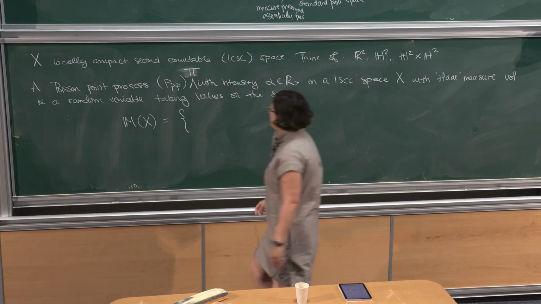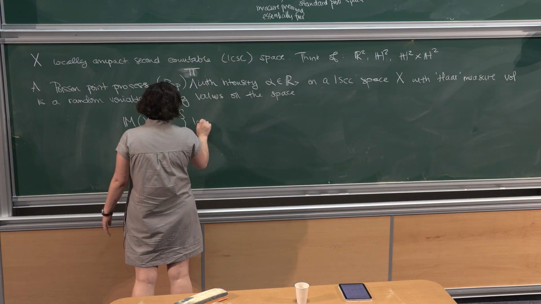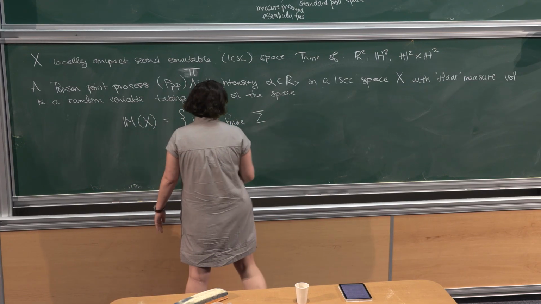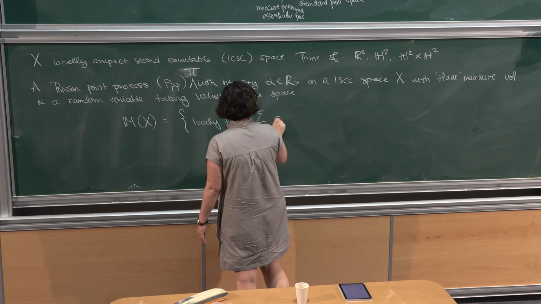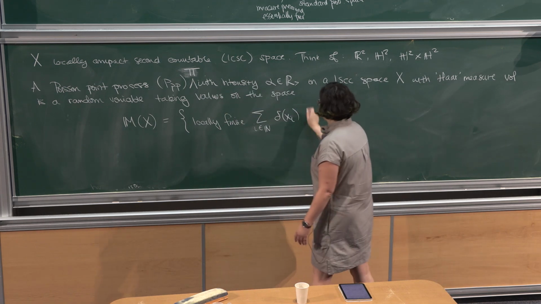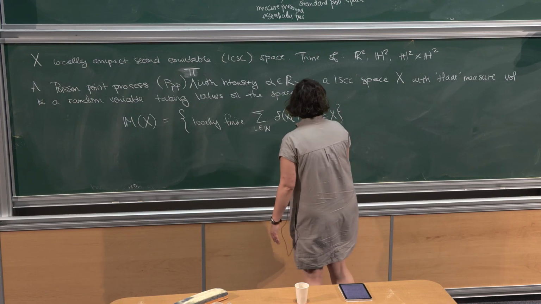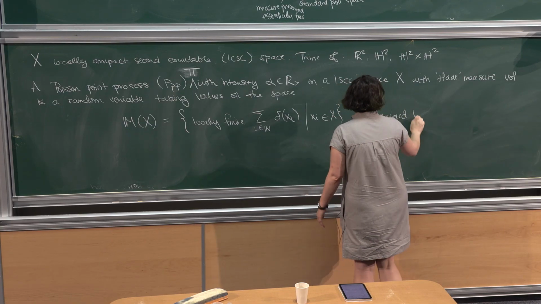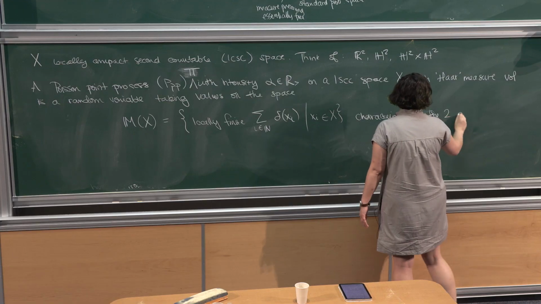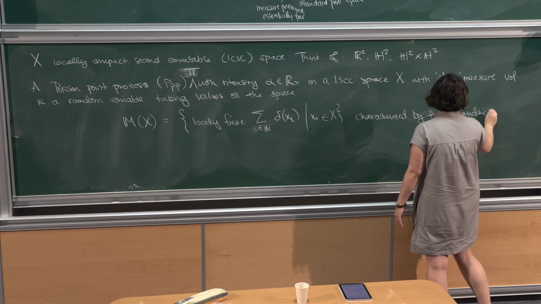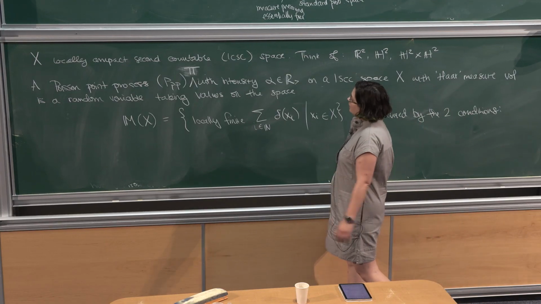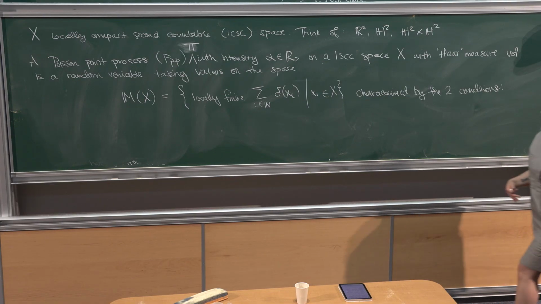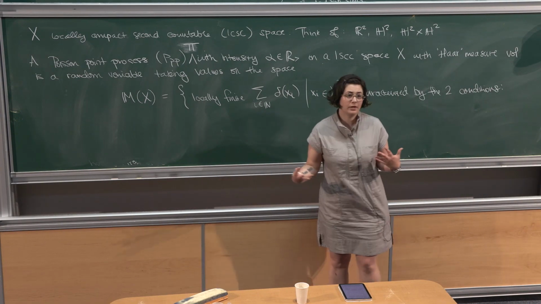We can think of the output of our random variable as being a locally finite sum of Dirac point measures. Locally finite means if you take a ball of finite radius, you have finitely many Dirac point masses turned on.